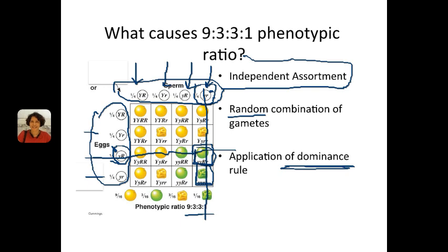Remember, the ratio of 9:3:3:1 is a very specific ratio. It only occurs when both parents are heterozygous for both characteristics. Any other combination, let's say if one parent is heterozygous for both, but the other parent is homozygous for one and heterozygous for the other, is going to give you a different phenotypic ratio.